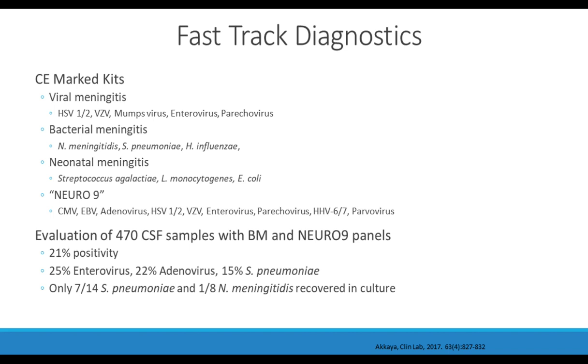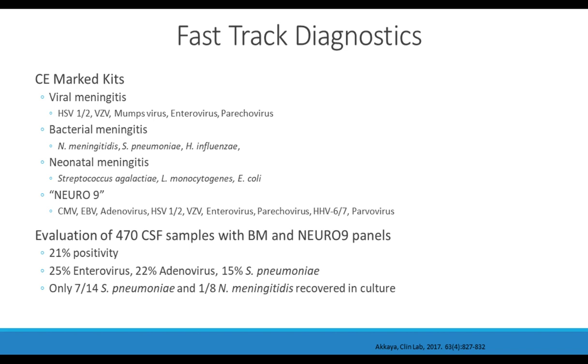This particular study was an evaluation of about 480 CSF samples with the bacterial and Neuro 9 panels, with a 21% positivity, a large number of enterovirus and adenovirus in this particular cohort, and a large number of Streptococcus pneumoniae.